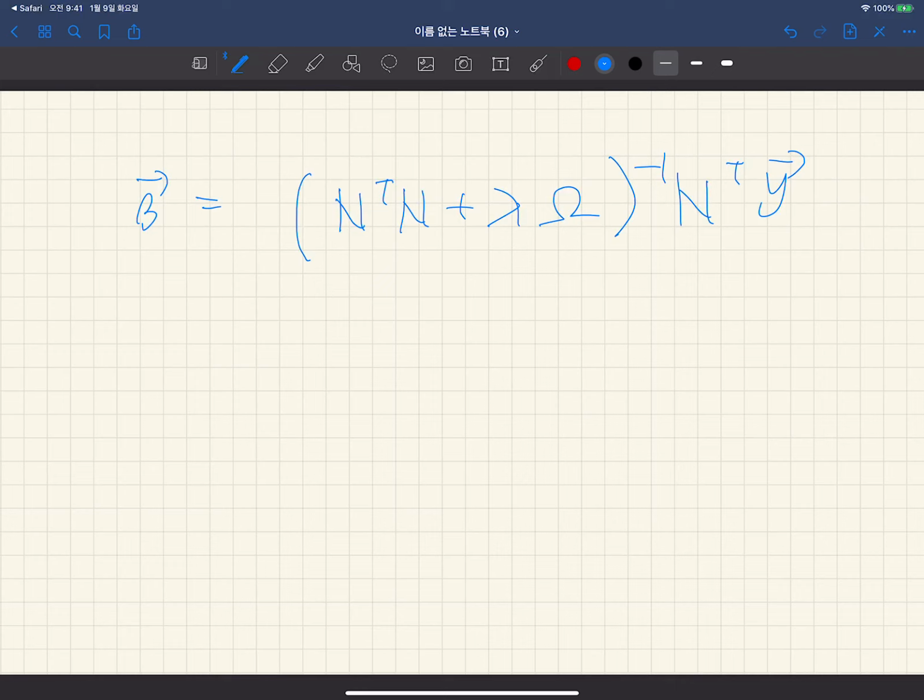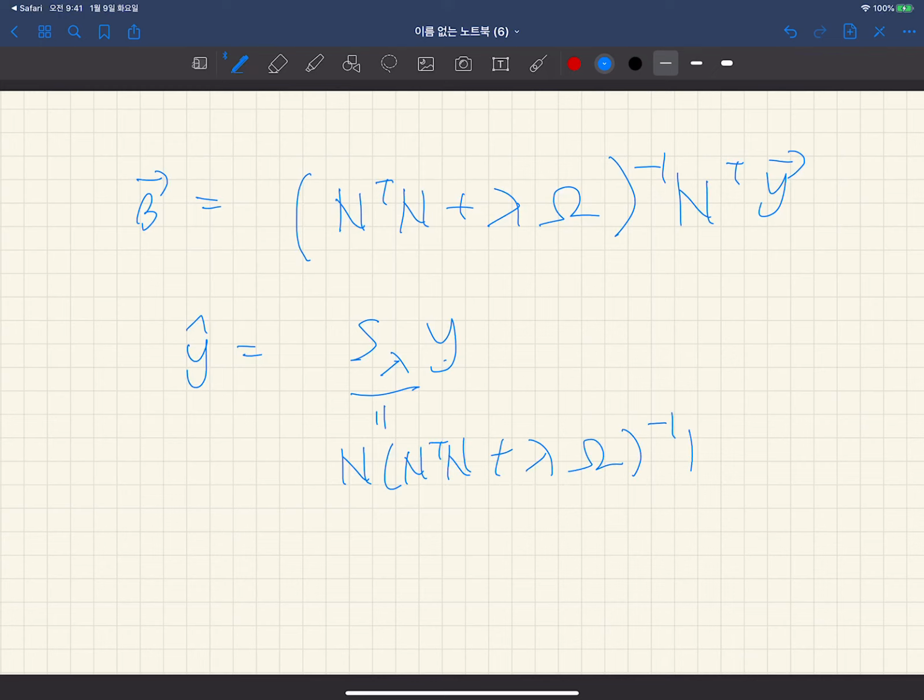So this is the solution of smoothing spline. And y hat is equal to S lambda y, where S lambda is equal to N times N transpose N plus lambda omega inverse times N transpose.